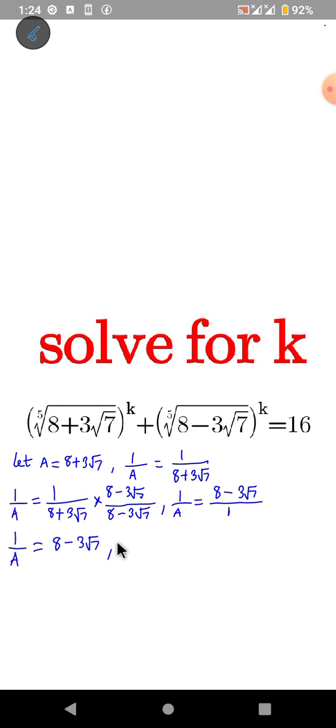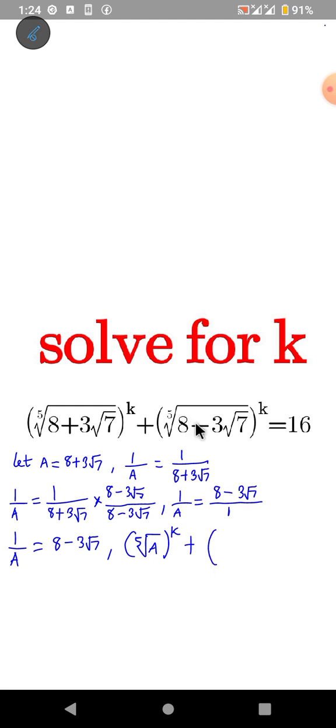And now we continue. Now this is A. Now I'll go back to my normal equation. So this is A, so I can write it as the fifth root of A all raised to the power of K. That's this expression now is what? A, all raised to the power of what? K. Then now plus, open my bracket again.